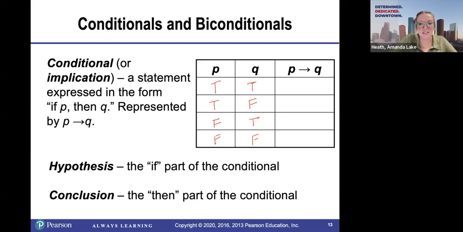If the parking garage is full and it's raining, then if the parking garage is full, then it's raining will be true. Now, if the parking garage is full and it's not raining, then the claim that if the parking garage is full, then it is raining will have to be false.